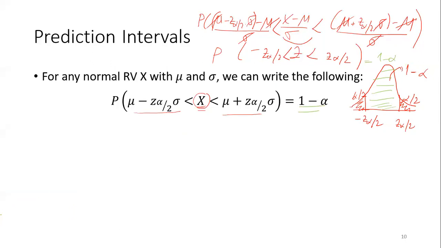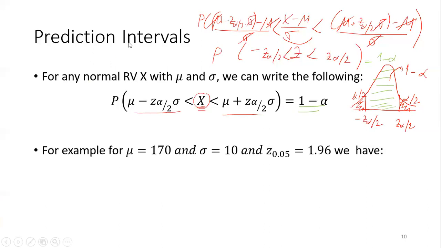Okay, that's great. Let's continue. For example, if mu is equal to 170 and sigma is equal to 10, and we take z sub 0.05, which is equal to 1.96, we have the following.